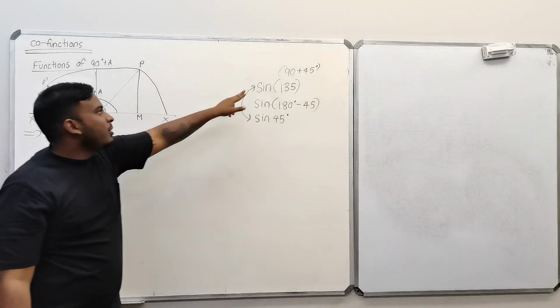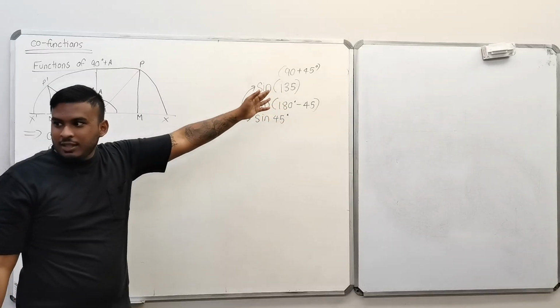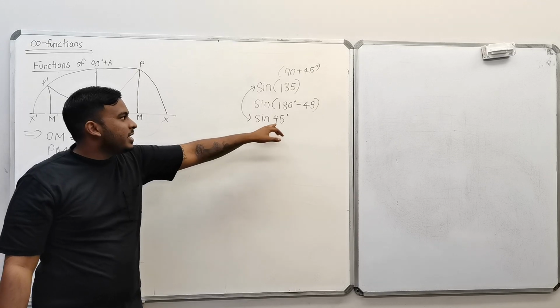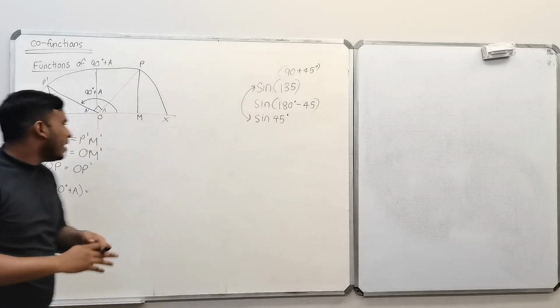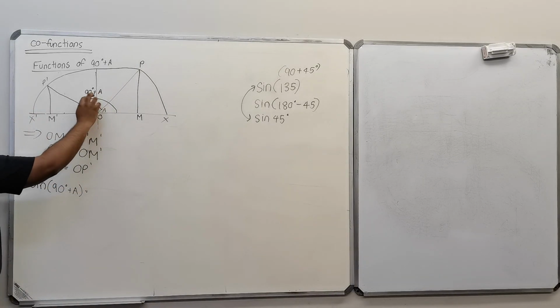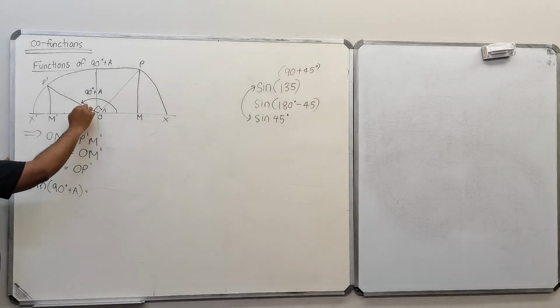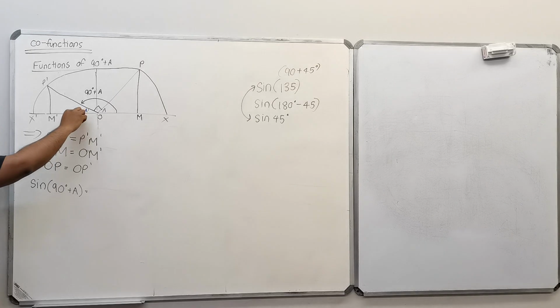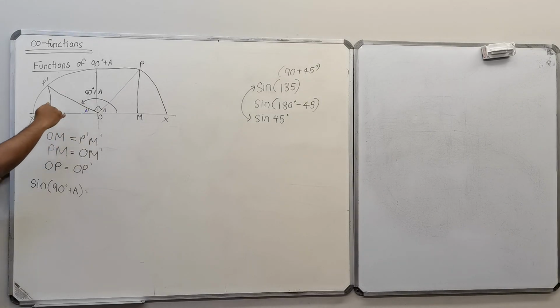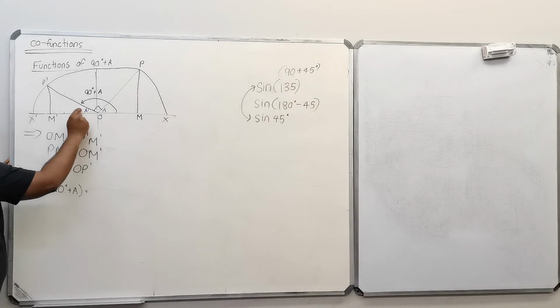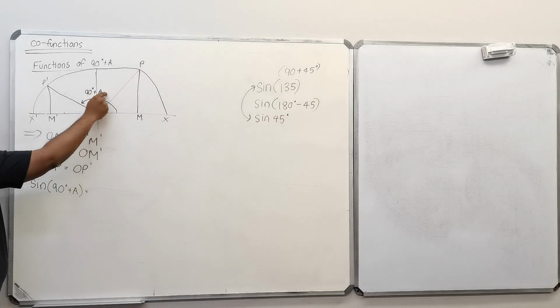So 90 plus the angle would be equal to the same as using sine of 45. And 90 plus this angle here, it's the same as you working on this part here, the inverted part of it. So the value you would have obtained here is the same as the value there.